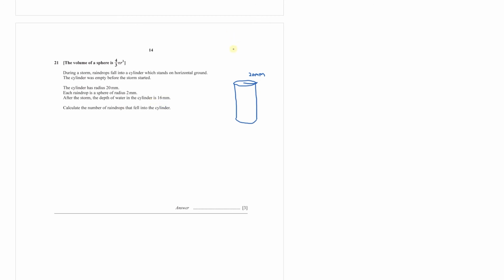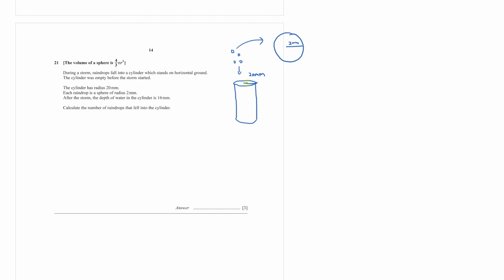Okay, so you have raindrops that are coming into the cylinder, and each raindrop is a sphere of radius 2 millimeters. So let me enlarge this to a sphere with radius 2 millimeters. So this is one raindrop enlarged.